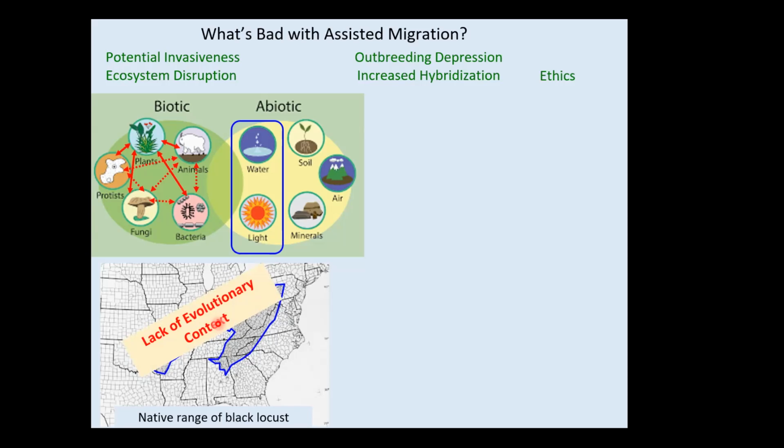You've got to have an evolutionary context in order for species to properly grow together. Species develop these interactions through evolutionary time because they are living together and interacting and co-evolving with each other. That didn't happen between Iowa species and black locust because black locust lives down here. So it didn't have that evolutionary context.